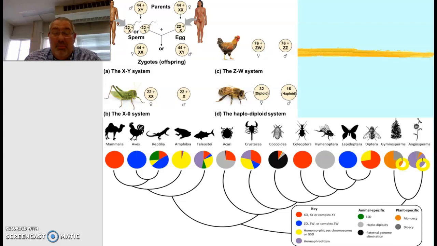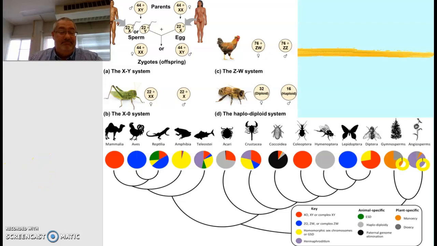And you see a grasshopper there indicating that it's found in insects. So the color-coded circles down at the bottom of the chart indicate the different sex chromosome systems in different types of animal phyla and also in plants.